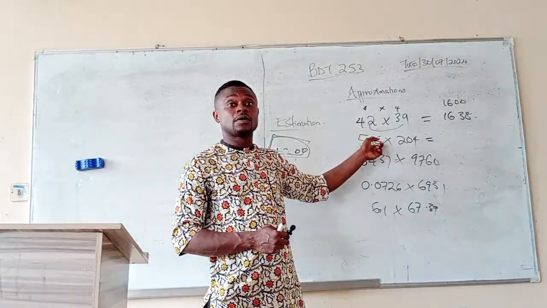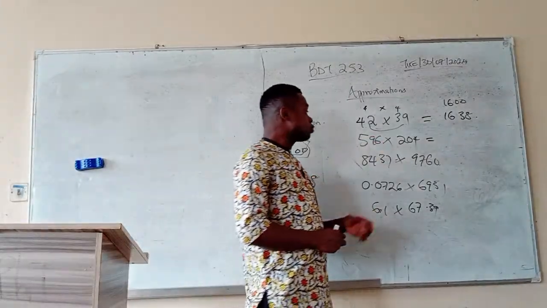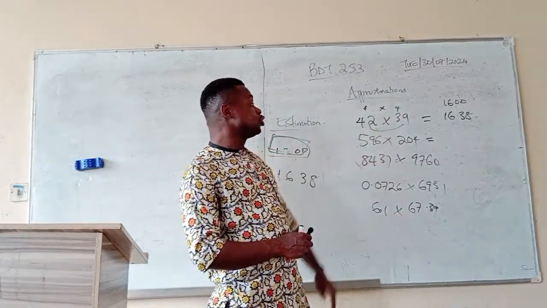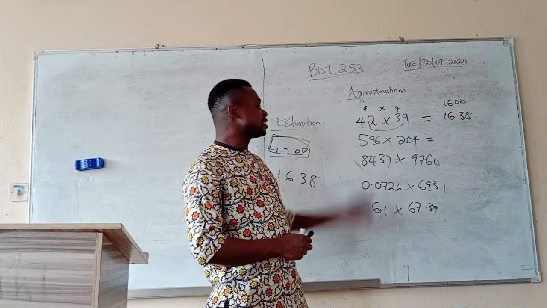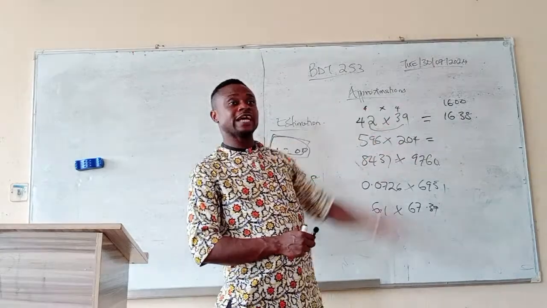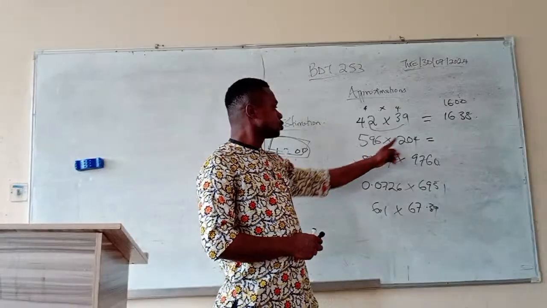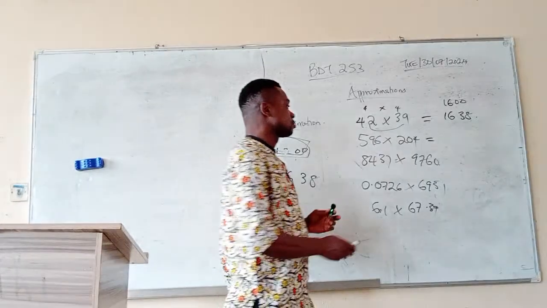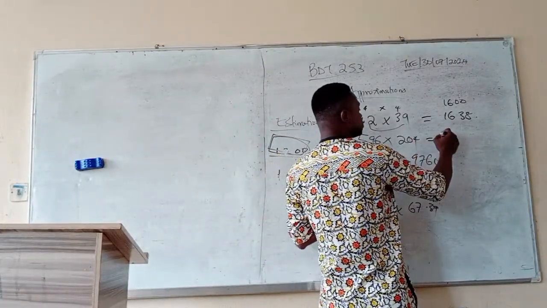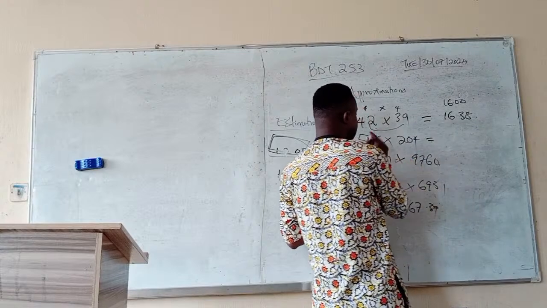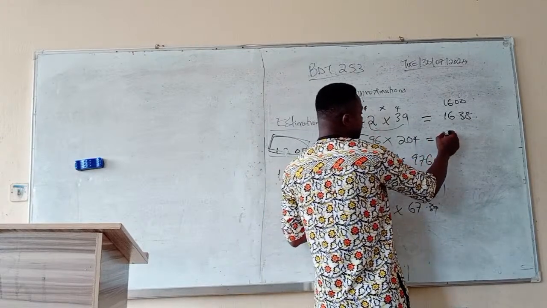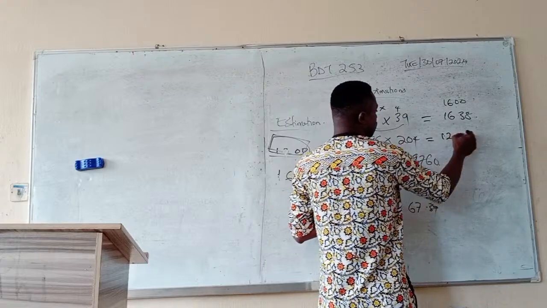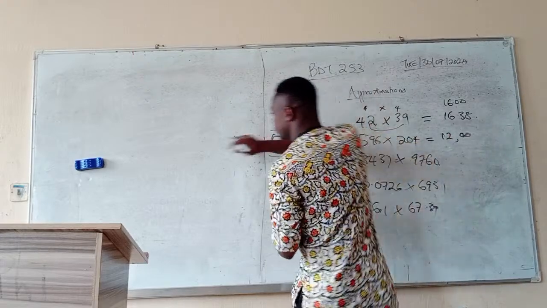Now this one: looking at this alone, you don't need to be told that this should be 6 times 2, 12, right? This is 6 times 6, so 6 times 12 is 120,000.